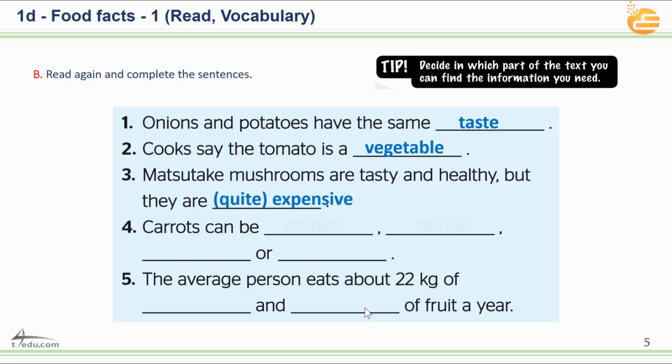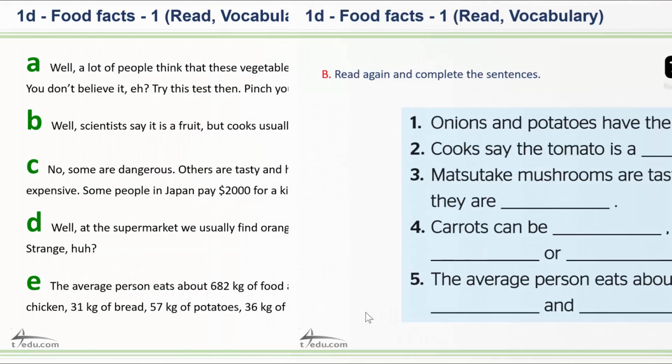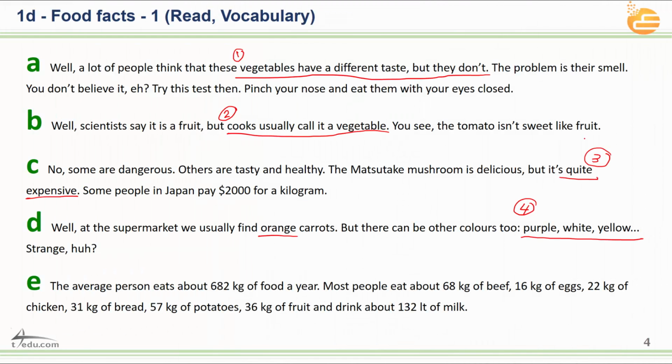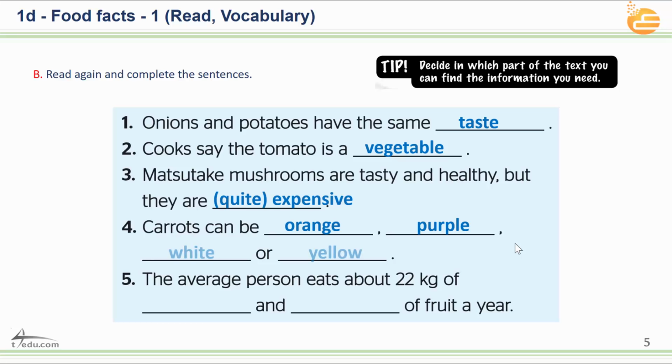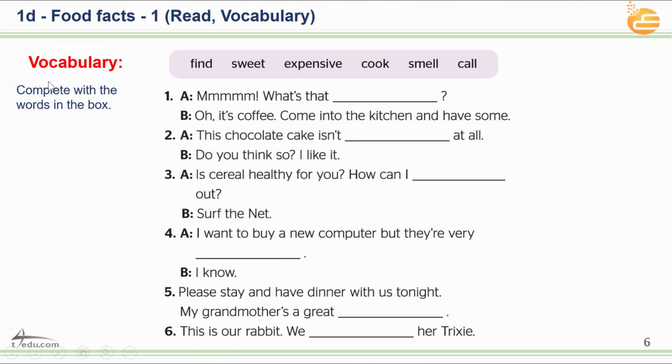Very nice. So we have to say 22 kilograms of chicken and 36 kilograms of fruit a year. Okay, so this is the sentence. This is 22 kilogram of chicken, and 36 kilogram of fruit. Okay, this is number 5. Very nice. Those are the answers.